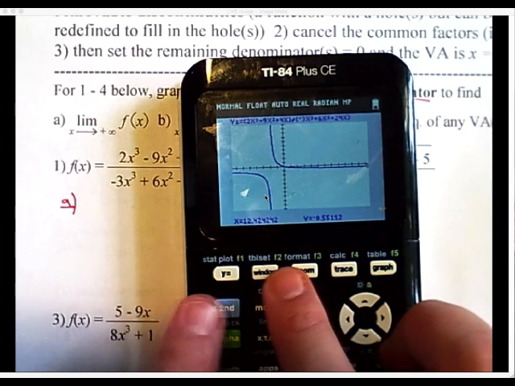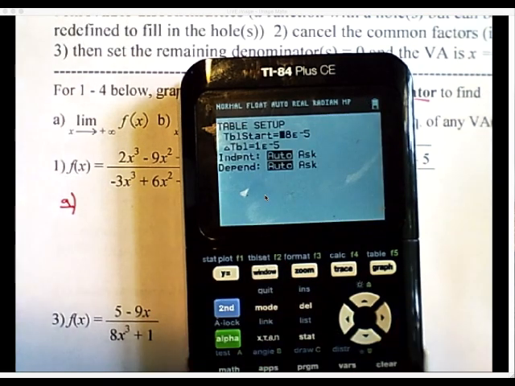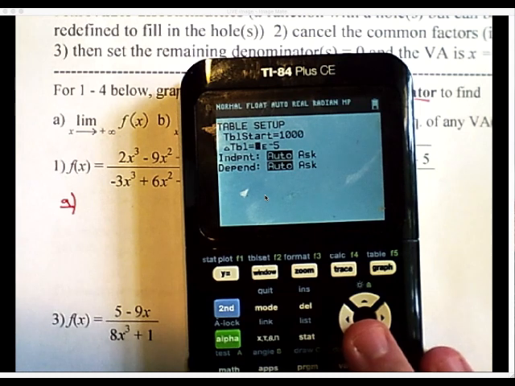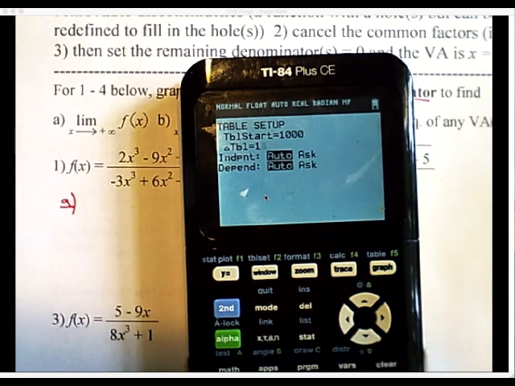I'm going to go second, table set. Where should I start my table? I care about as I approach infinity, which is a really big number, so maybe let's start at something crazy like 1,000, and maybe I want my change in table equal to another 1,000.